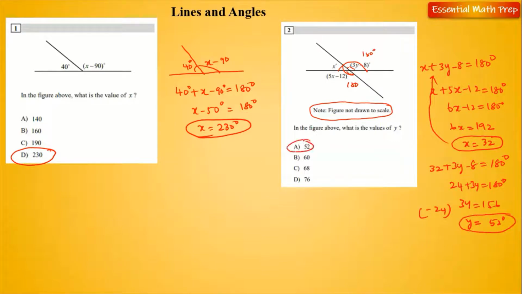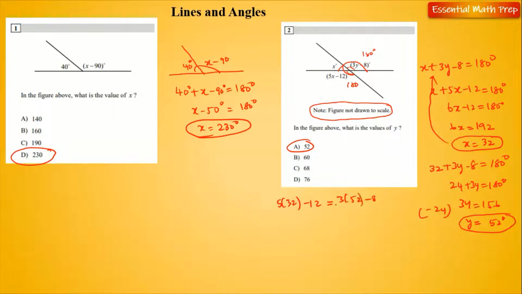Now let's see if you had assumed, because this line is bisecting the second line, that these two have to be equal. Is 5 times 32 minus 12 equal to 3 times 52 minus 8?